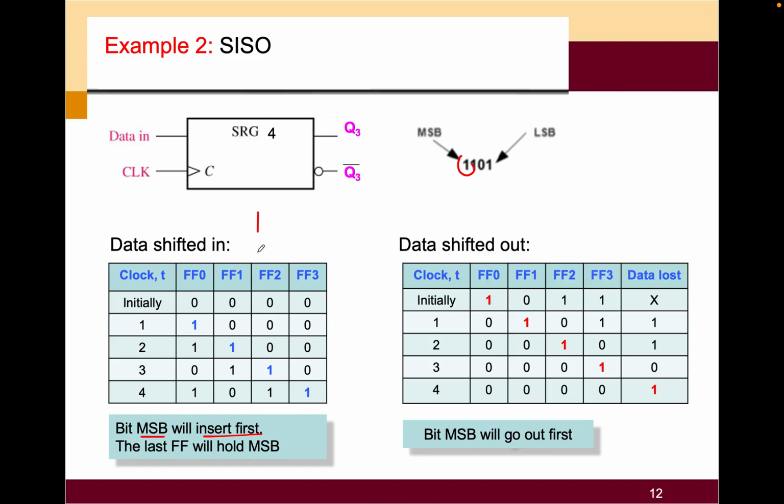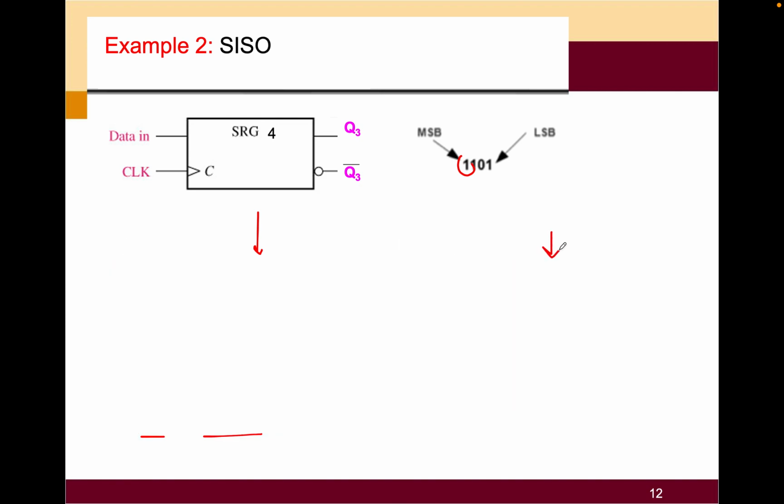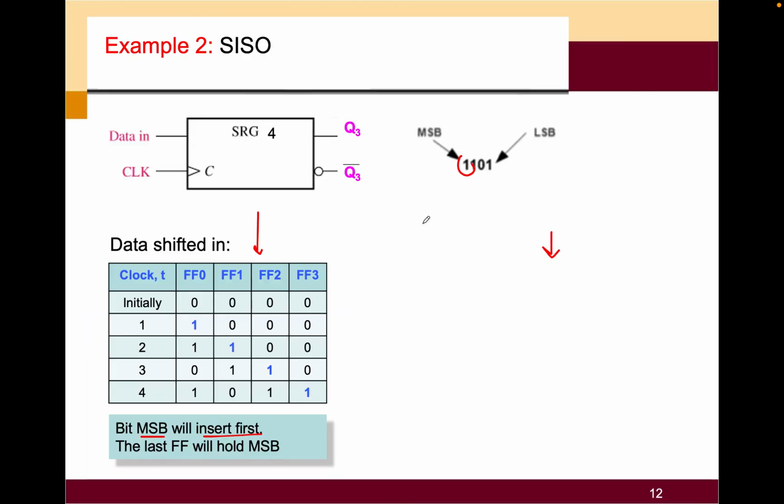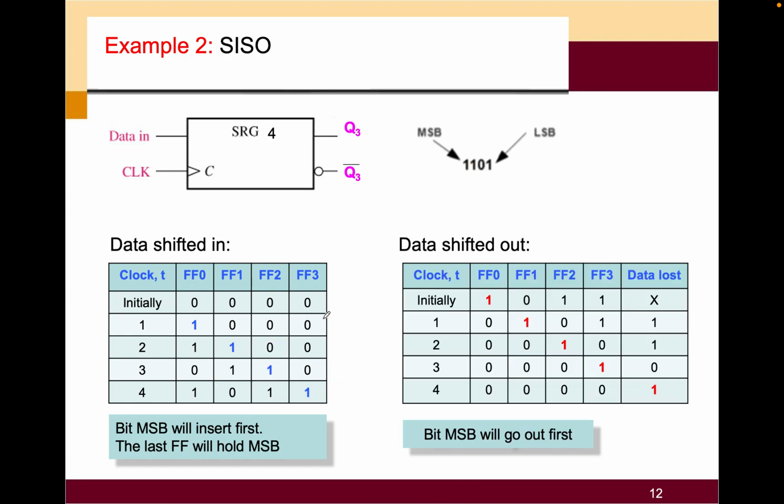Okay, this is shift in, and you're going to have the shift out, a similar process to just now. Another 4 clocks is going to be shift out. So that's why you're going to shift out this first, and then followed by this, and then followed by this, and lastly this one. So let's take a look in terms of the table.